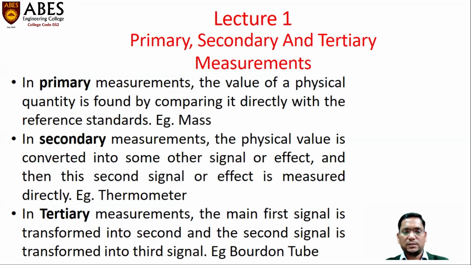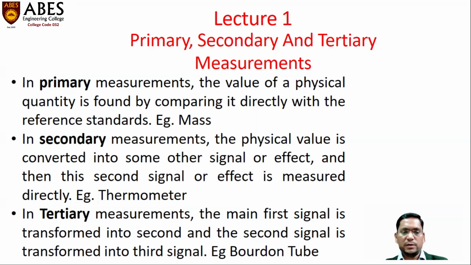This one is my object, and we use tools like a scale, just like weighing machines. If the scale is put in contact with the unknown quantity, we can say that we get the unknown measurement value. The primary measurement is found by comparing directly with the reference without any conversion. This is known as primary measurement.